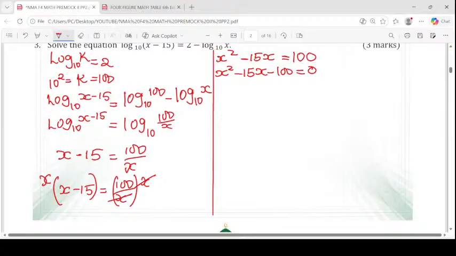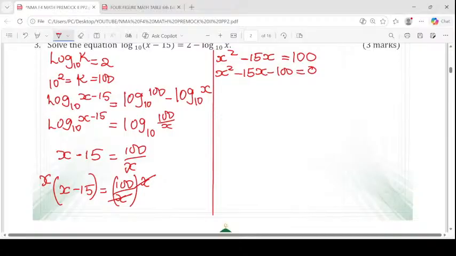So that is what we are having. That is the quadratic equation. We've now formed what we call a quadratic equation. What do we do there? We need to get two numbers whose sum is negative 15 and whose product is negative 100.